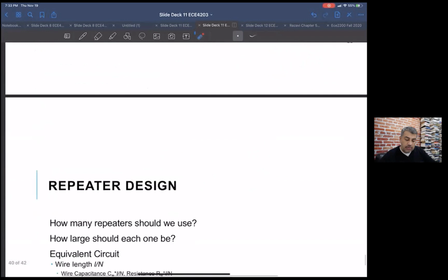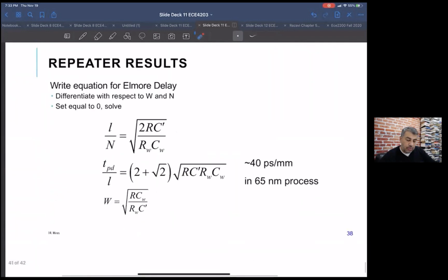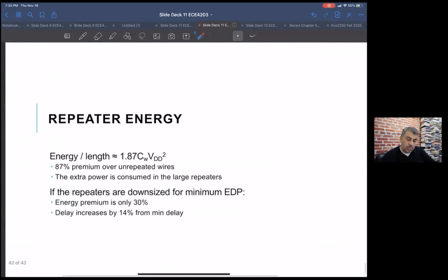And this gives you a trade-off of where you might end up. Some of this assumes you have exact types of things, but the idea is that with the right type of sizing, you don't have to take a huge penalty in extra power consumption, but you can get a significant improvement in the wire delay.